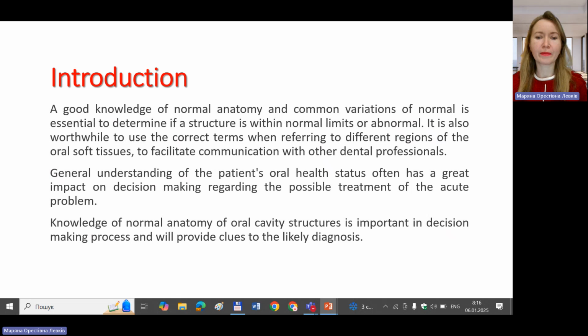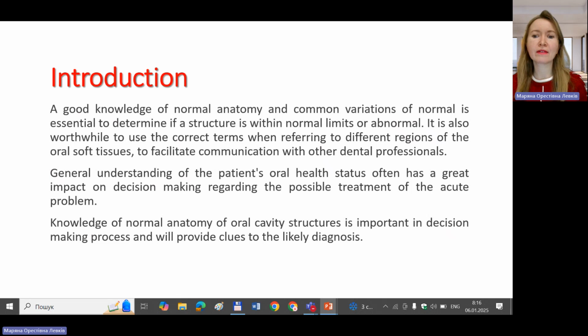Introduction to this topic. A good knowledge of normal anatomy and common variations of normal is essential to determine if a structure is within normal limits or abnormal. It is also worthwhile to use the correct terms when referring to different regions of the oral soft tissues to facilitate communication with other dental professionals.